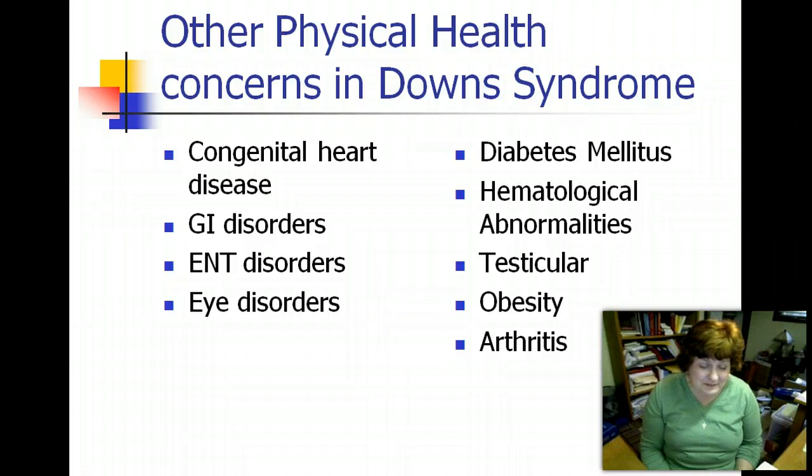Gastrointestinal disorders are common. 10% will have problems with obstructions. Esophageal atresia is another big problem, and GERD reflux is significant. They're at risk for Hirschsprung's, which is aganglionic megacolon, and again, having to do with nerve innervation.